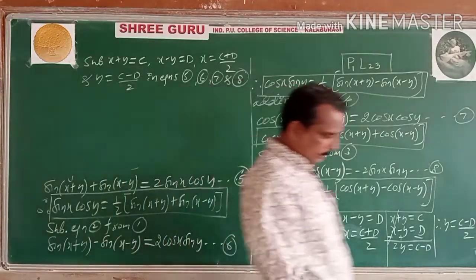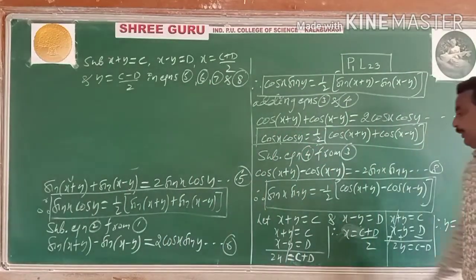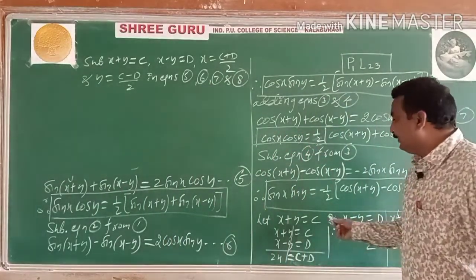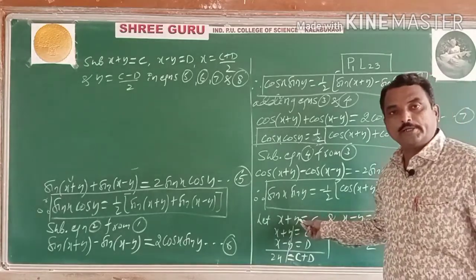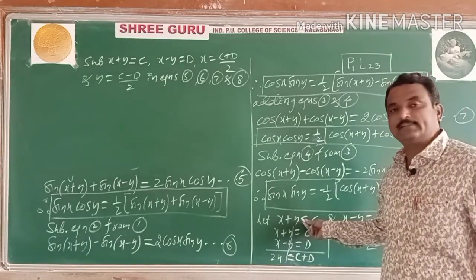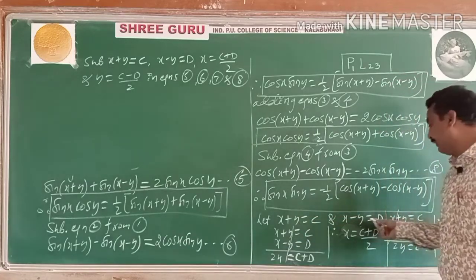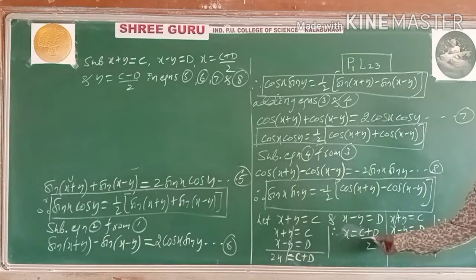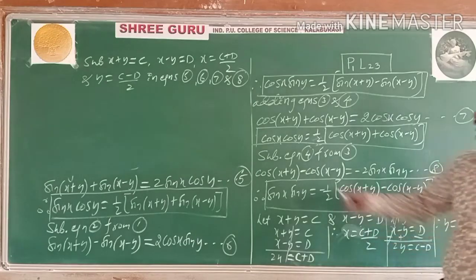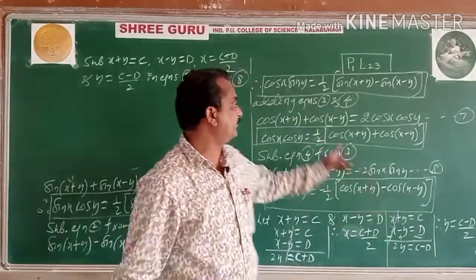I repeat once again for the students: substituting x plus y equal to c, what you have taken, changing the variables here, x plus y is equal to c, x minus y equal to d, x equal to c plus d by 2, y equal to c minus d by 2 in equations 5, 6, 7 and 8.